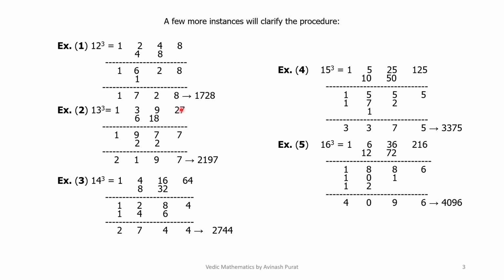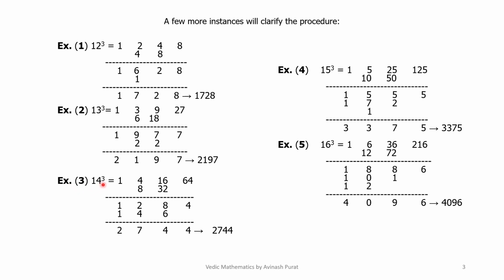So we take the totals: 27, 7 is noted down and 2 is taken to the left. 9 plus 18 is 27 again, 7 is noted down and 2 is taken to the left. 3 plus 6 is 9, and 1 is not written down. So the grand total: 7, 7 plus 2 is 9, 9 plus 2 is 11, 1 is taken to the left, so 1 plus 1 is 2. So the result is 2197, that is the cube of 13.